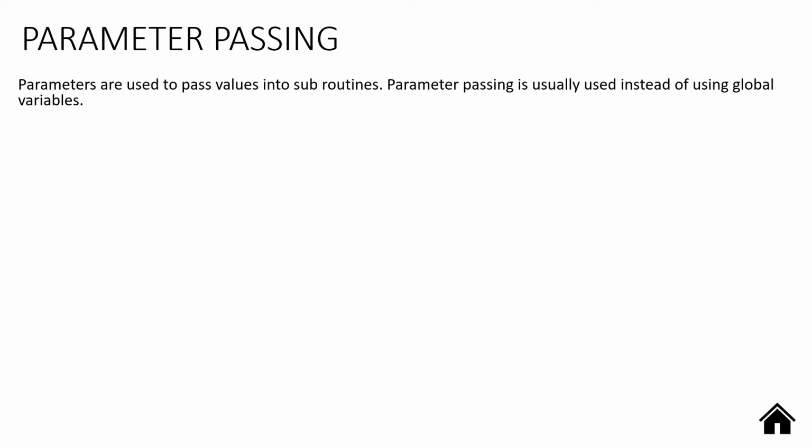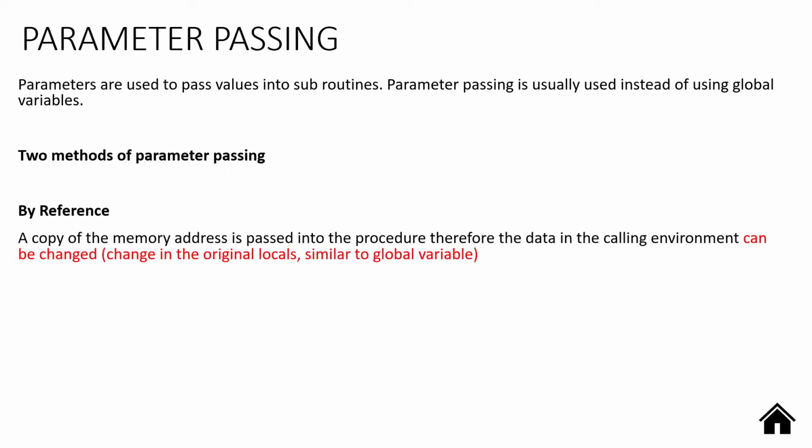And we'll look at scope later on, but we've got local scope and global scope. But with parameter passing, there's something that's called passing a parameter by reference. Sometimes it's just referred to as by ref.